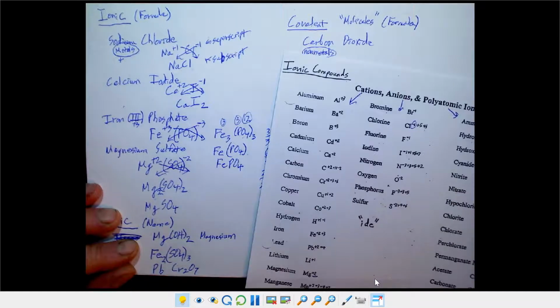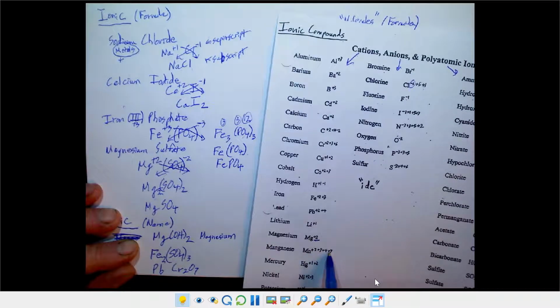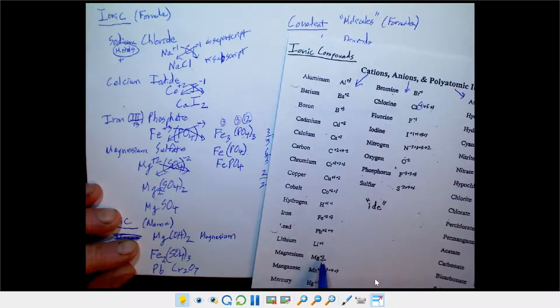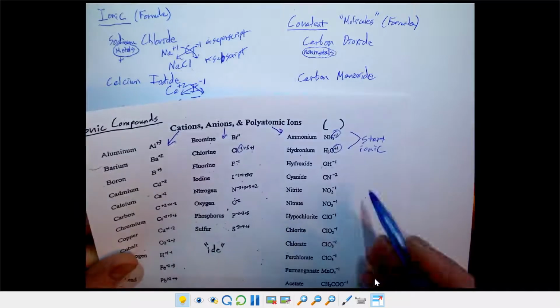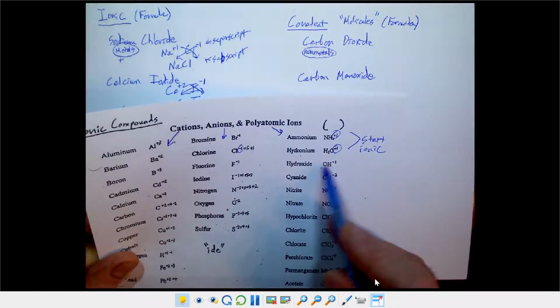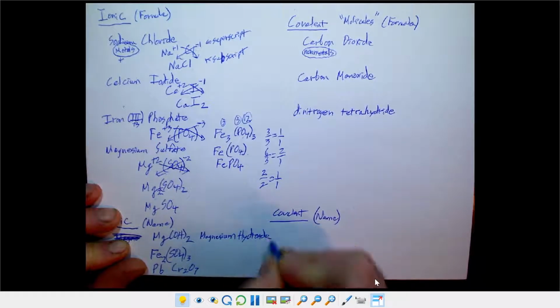And when they have more than one charge, like this guy right down here, you have to use a Roman numeral to say which one it is. Well, we're lucky. Magnesium only has one choice, so we just call it magnesium. And then OH is something over here. There it is. It's called hydroxide.